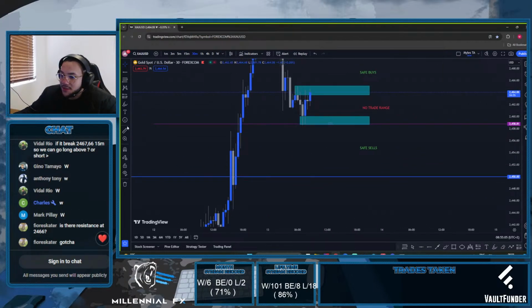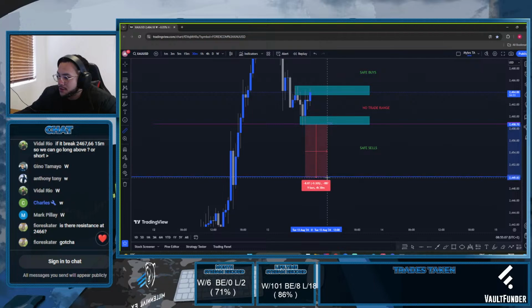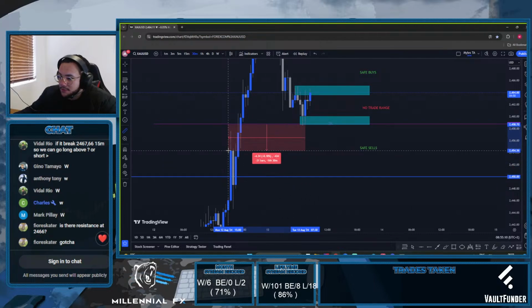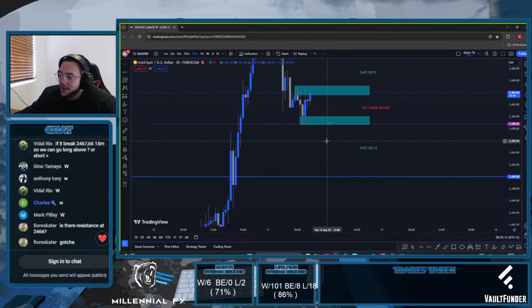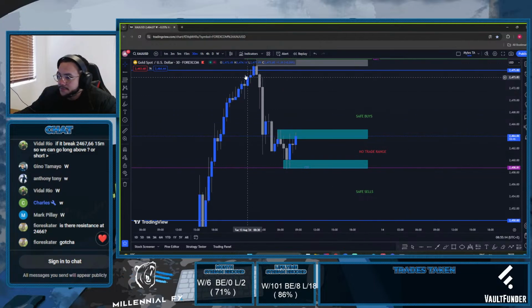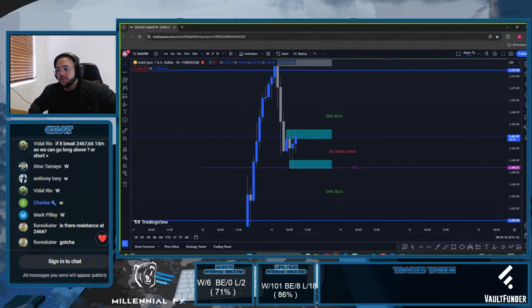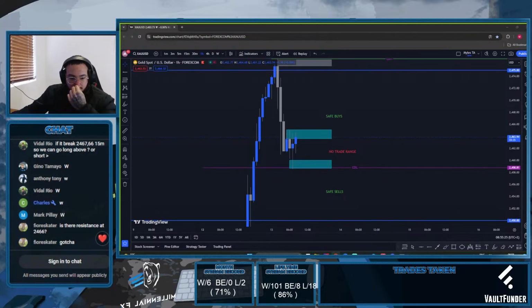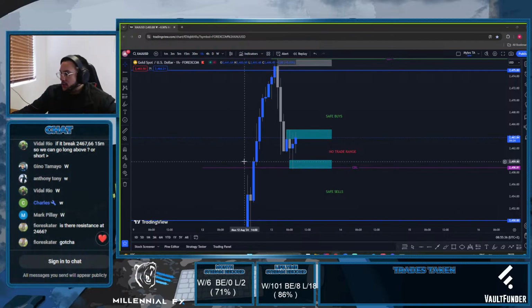And then on the sells, it's large. 88 pips. Yeah, for the sells, the runoff area is large.